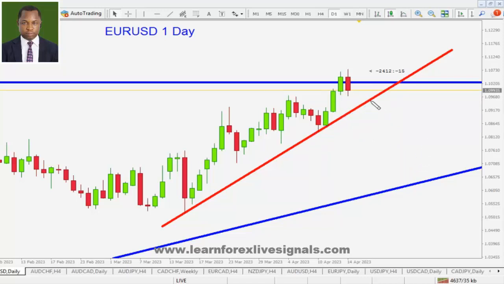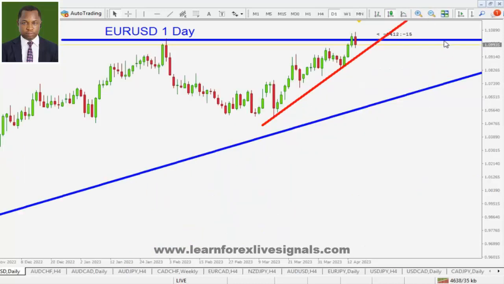I am not really keen about this. What we may see is that price can come down, then again begin to push to the upside, but it's not clear until we move heavily to the downside.